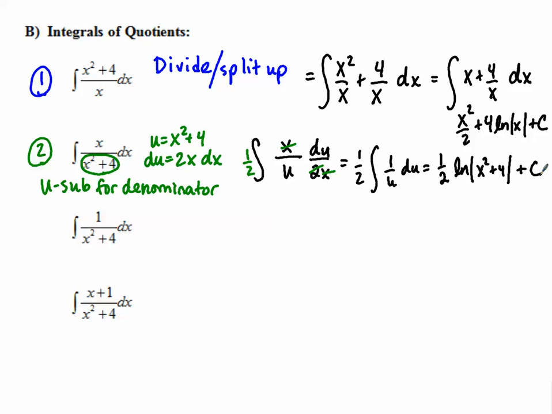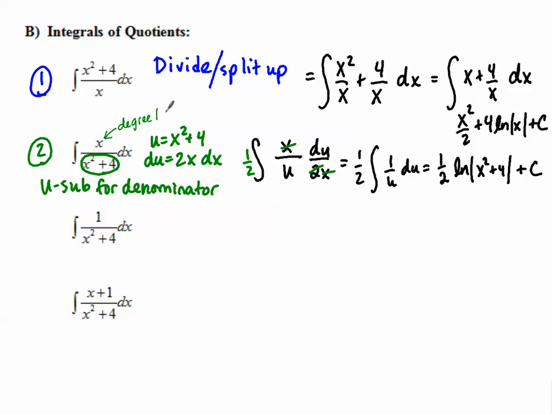Why do I think of u substitution for the denominator? Because my numerator is looking like it could be the derivative of the denominator. This is of a degree that is 1 less than the denominator.